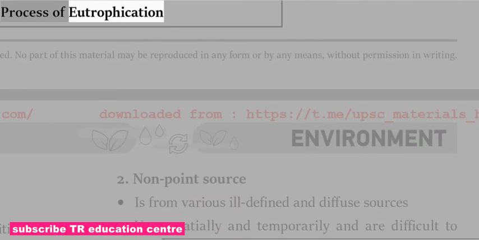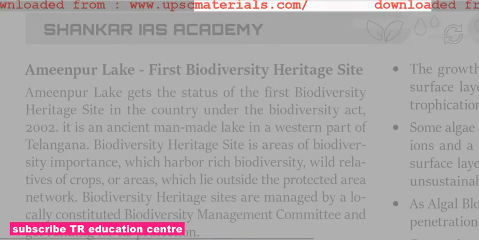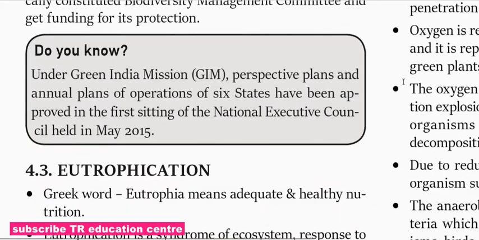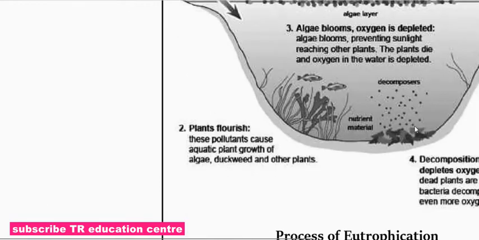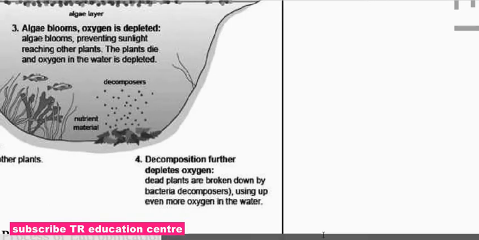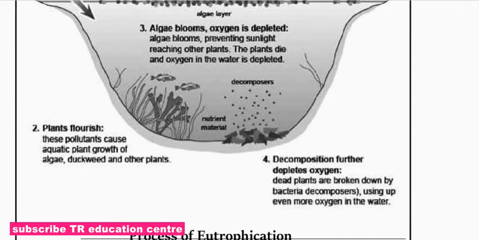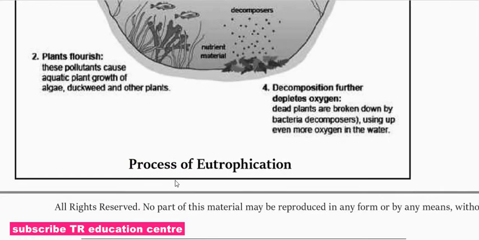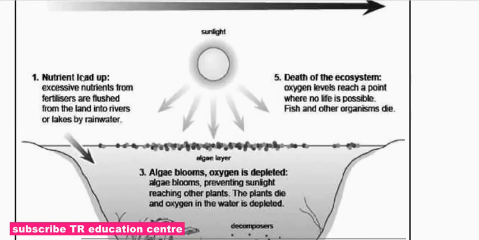Process of eutrophication. The first process is sunlight and nutrients.